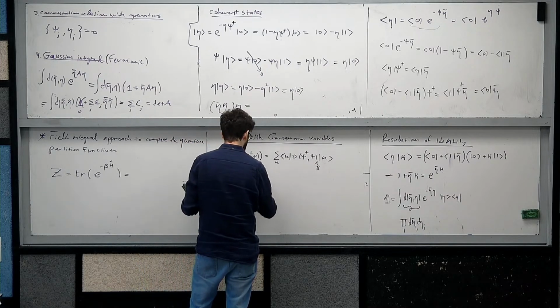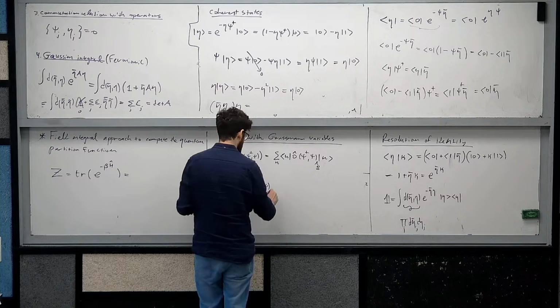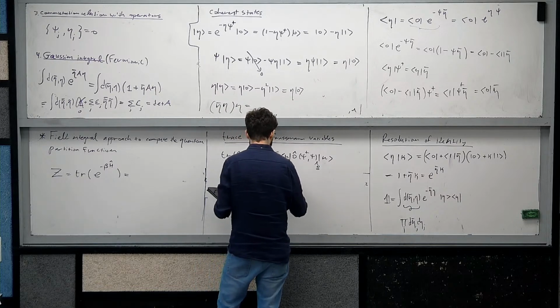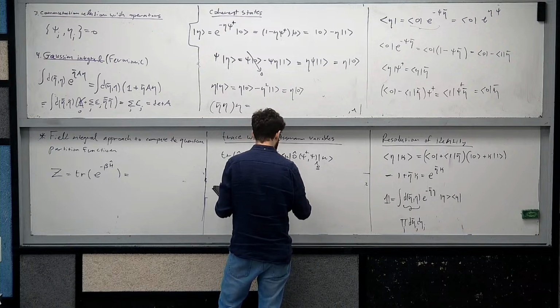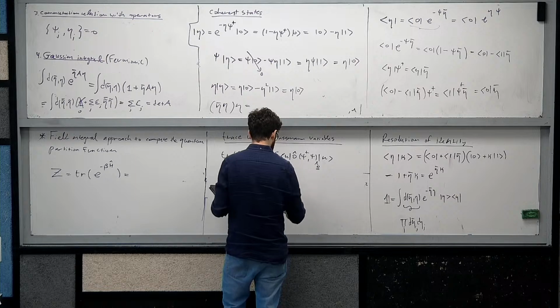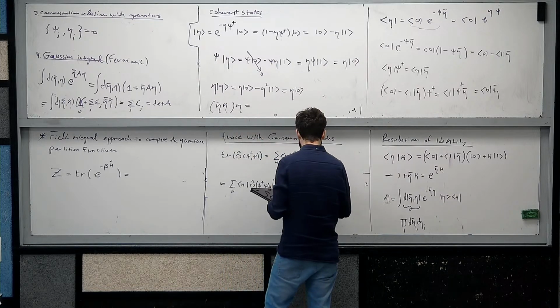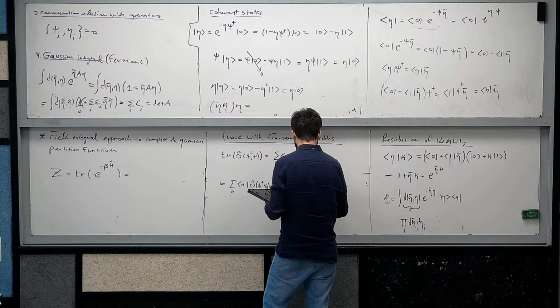So we have O, sorry, this is O of psi dagger and psi, and here we have an integral d eta bar d eta e to the minus eta bar eta, eta eta bar n.